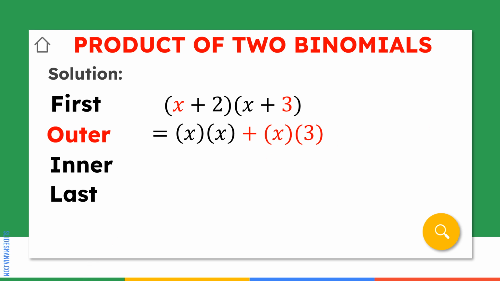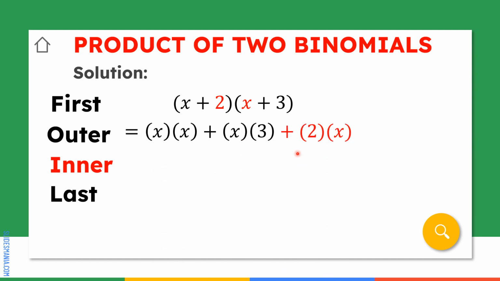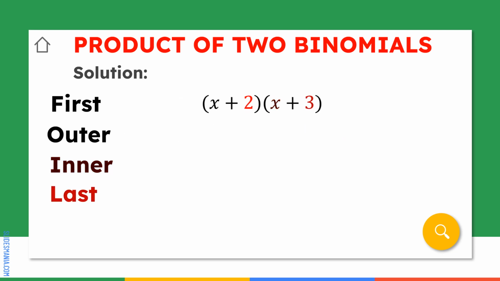And then, the next is we multiply the inner or the middle terms. The middle terms are 2 and x. So we have 2 times x. Okay? And lastly, we will multiply the last terms.